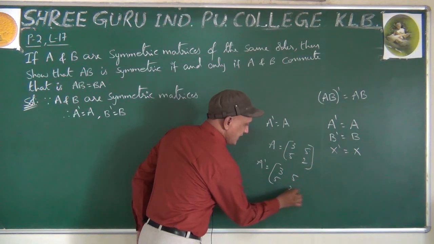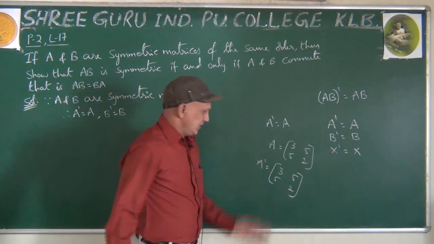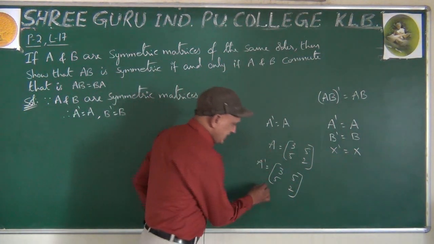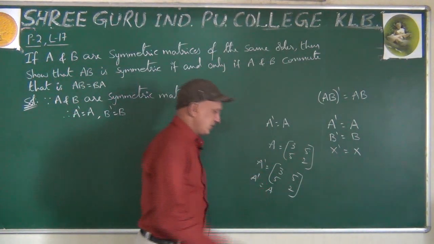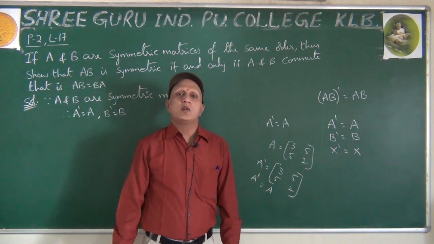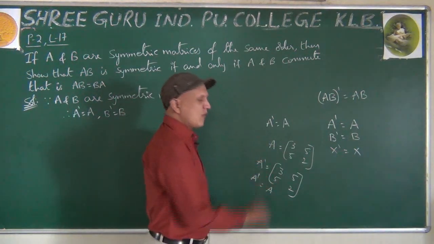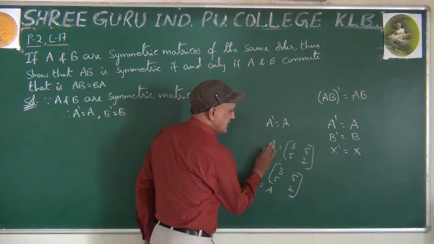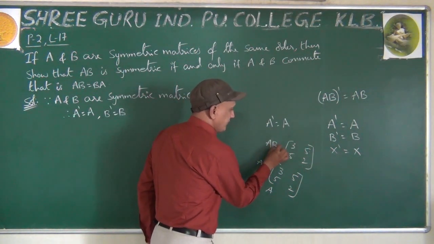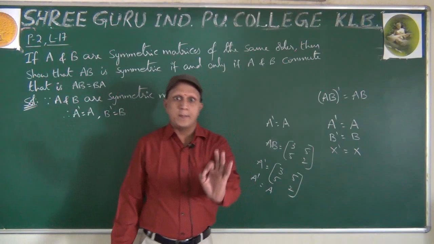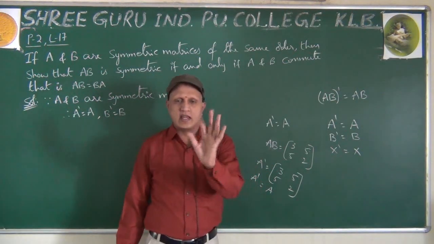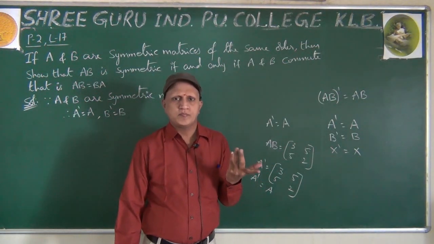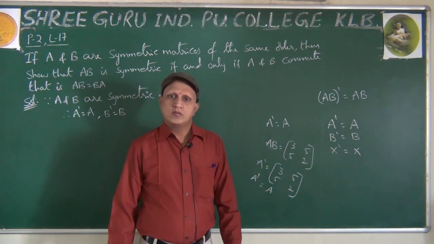Second row becomes the second column. 3, 5, 5. This is A only. So A dash equal to A. Therefore A is symmetric. Now what I am doing? I am going to name this matrix as AB. What is wrong? Nothing. You can name it as AB.